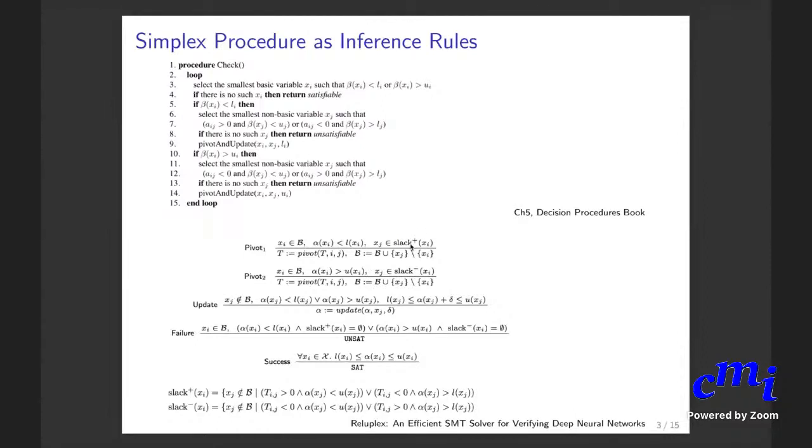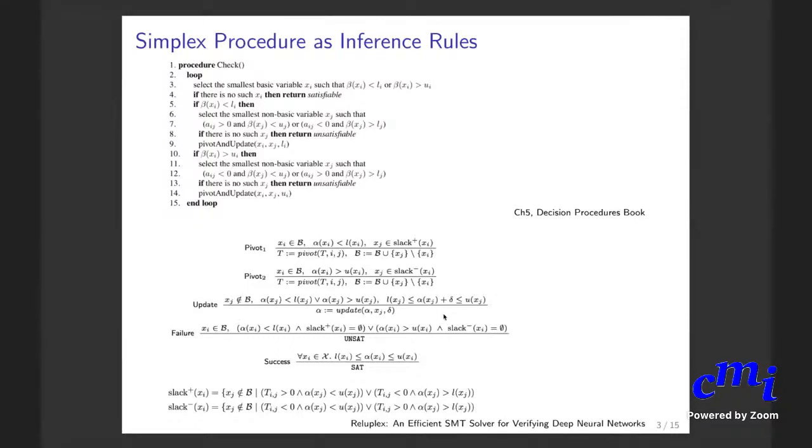The set of slack variables from which you could choose is defined as slack plus and slack minus, which is exactly the condition checked in lines 7 and 12 of this algorithm.